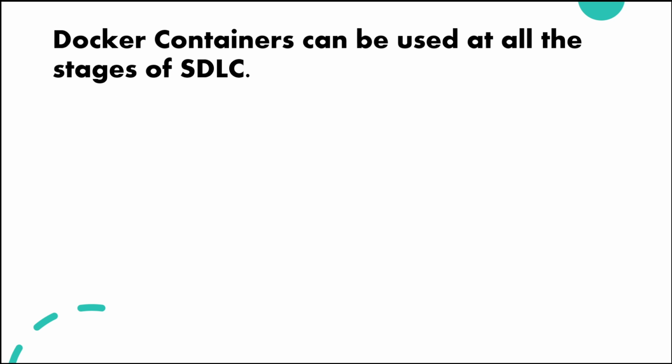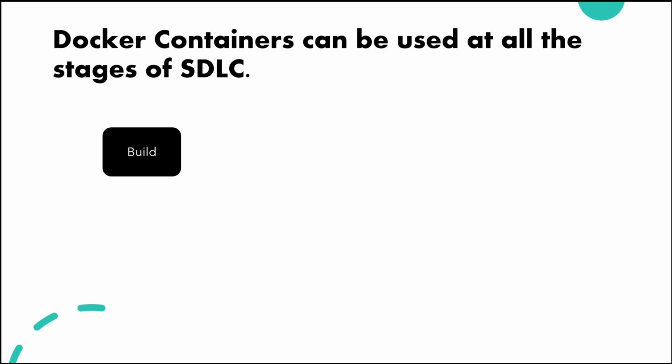So if you understand Docker like this, and if you follow the official documentation, in the official documentation also they have mentioned this step, which is called: Docker containers can be used at all the stages of the software development lifecycle. Only thing is it can be done like build.